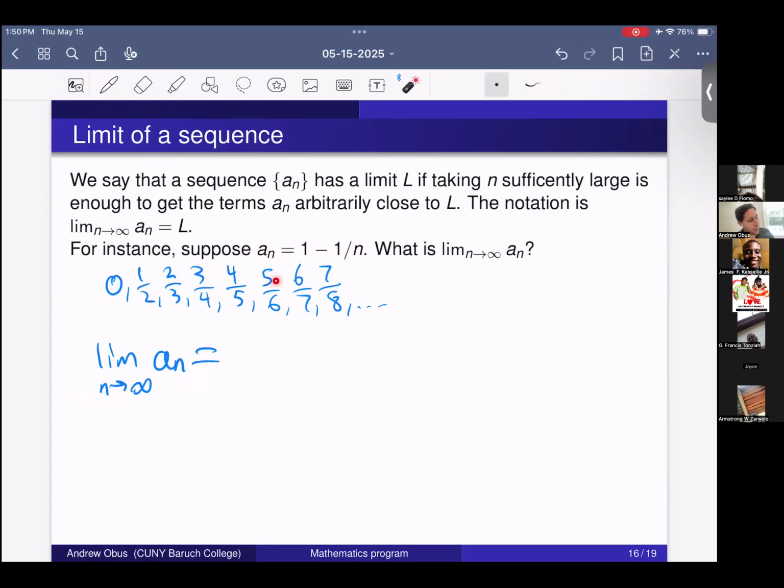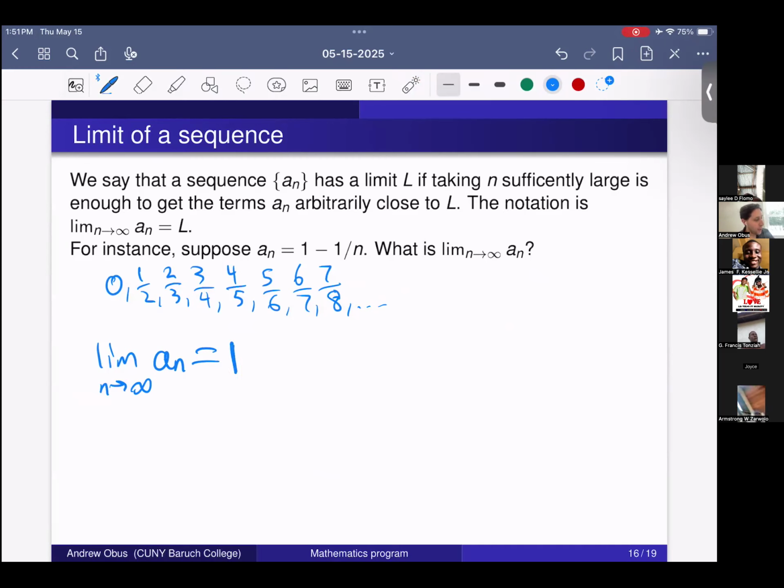So what does it look like these fractions are approaching? As we go out toward infinity, what are these numbers approaching? Approaching 1, exactly.